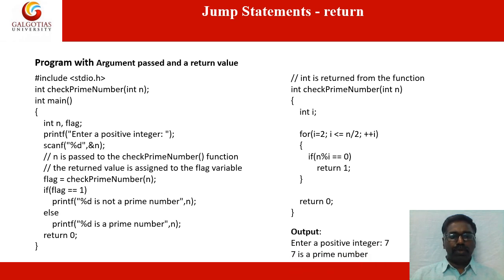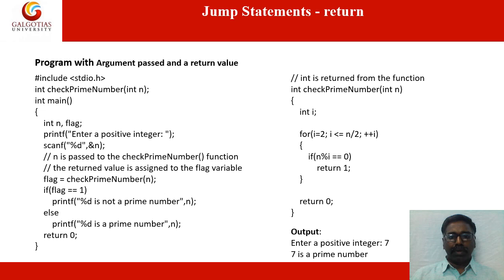Go through the program. We ask the user to enter a value, and then we call the function and store the result in a variable flag. That means this check prime number function is going to return some value, and that value is held in flag. Now we jump to the check prime number function, where we receive this value in the integer n, and then using some logic we find out the prime number.